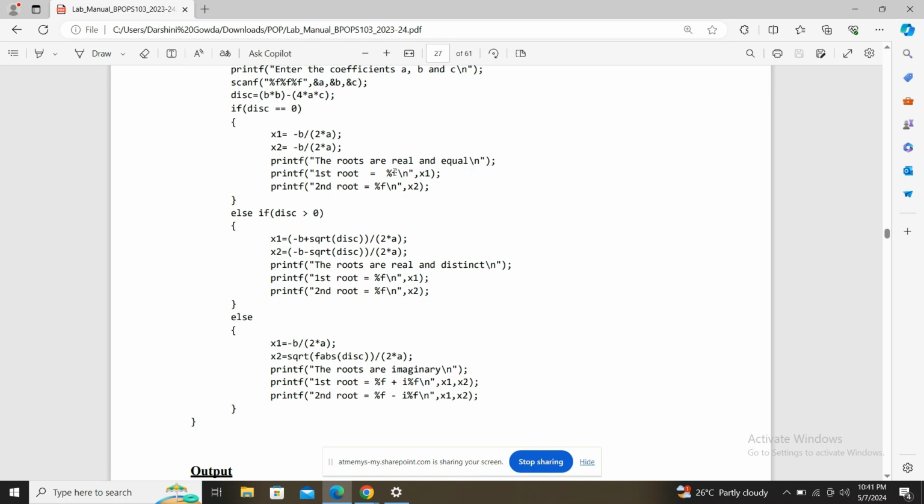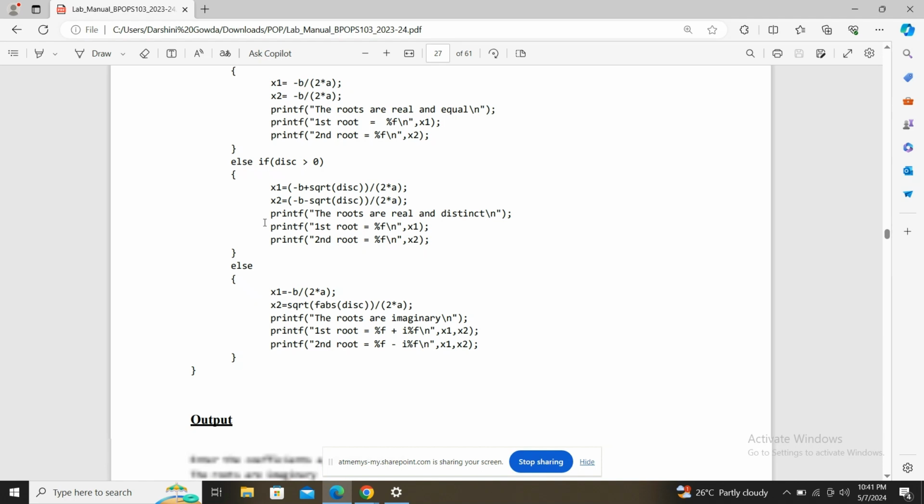Here we are making use of the percentage f format specifier such that the result would be printed in floating point fashion. x1 is used to store the result of the first root, whereas x2 is used to store the result of the second root.